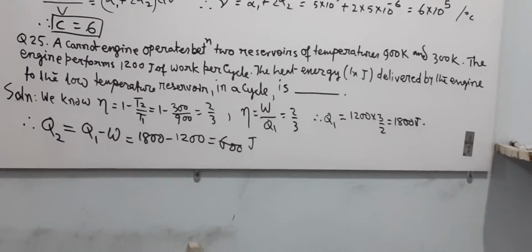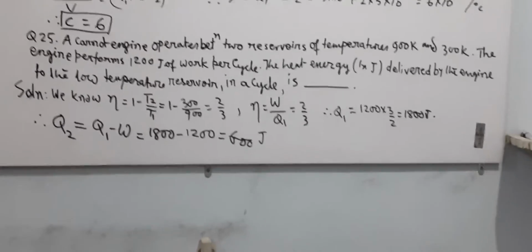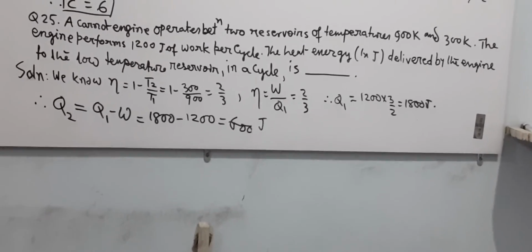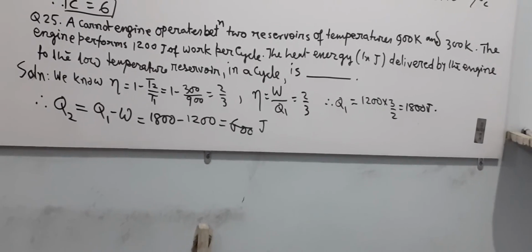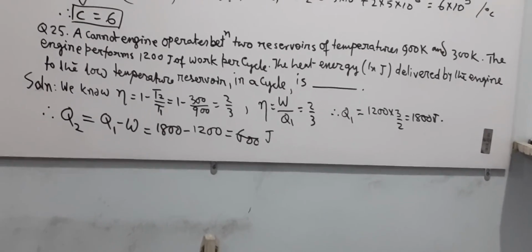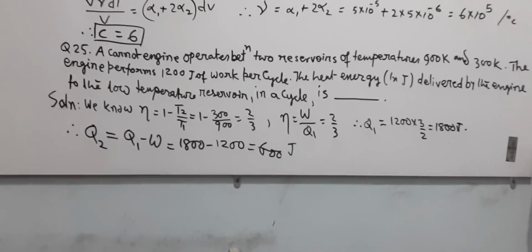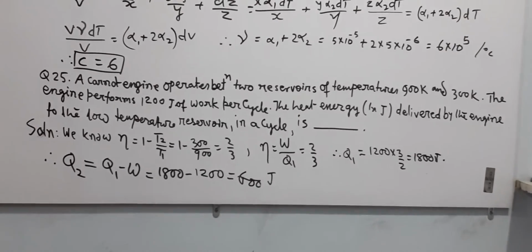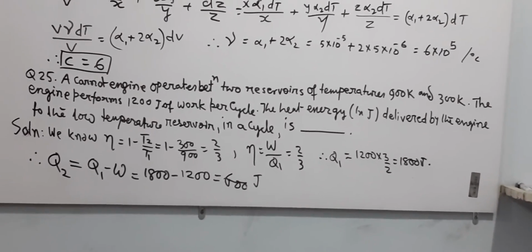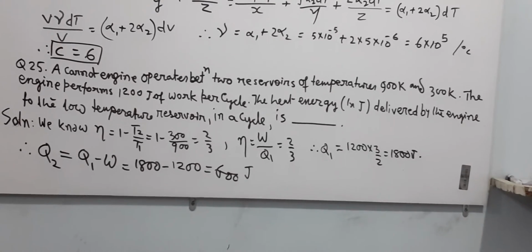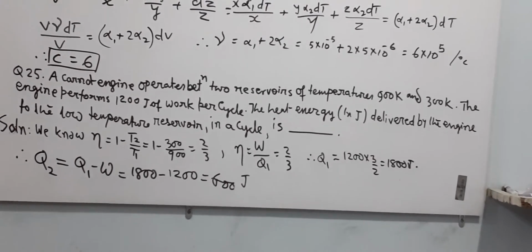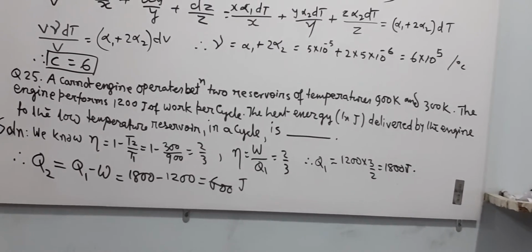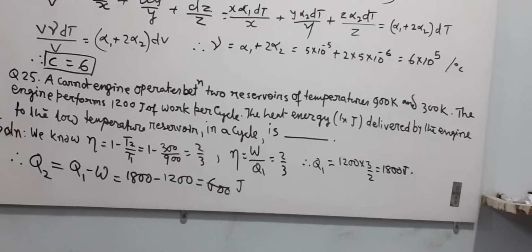Now, come to the next question, question number 25. A Carnot engine operates between two reservoirs of temperatures 900 K and 300 K. The engine performs 1200 joules of work per cycle.